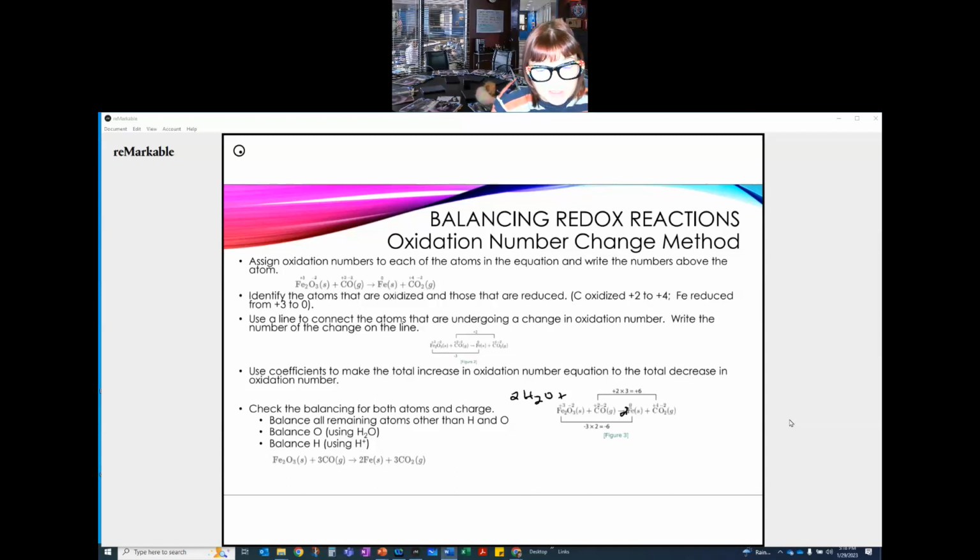We then balance for hydrogen using H+. I know that I have 4 H's there. I have none on the other side, so I need to add 4 H+. And then we need to make sure that we've got the same number of electrons. So Fe2O3.